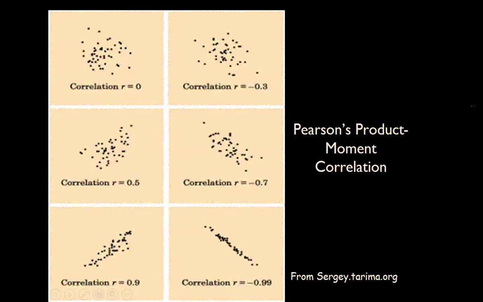Anyway, it's just a way of measuring when one variable increases, does the other one increase or decrease? If the other one increases, we get a positive correlation. If the other one decreases, we get a negative correlation. So we've got a kind of a pattern from lower left to upper right in a positive correlation, from upper left to lower right in a negative correlation.